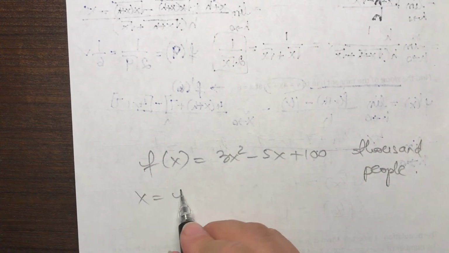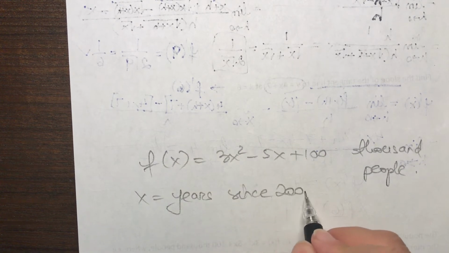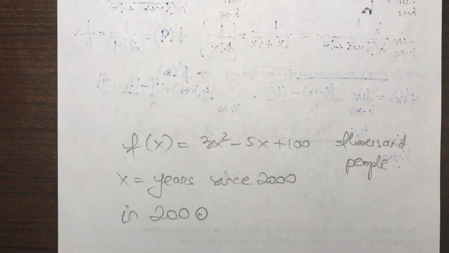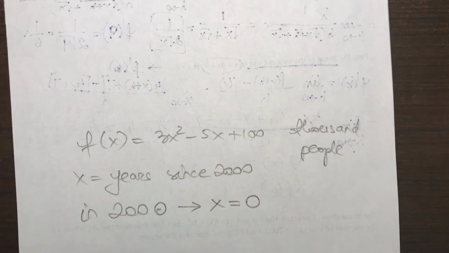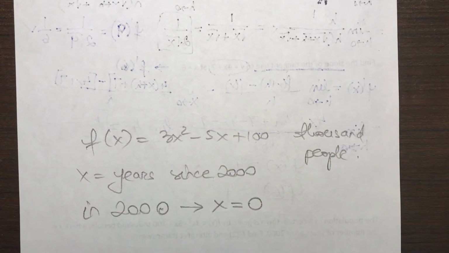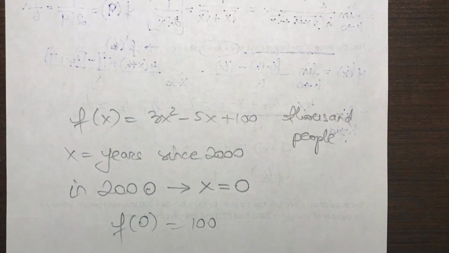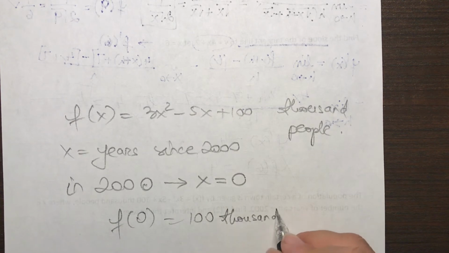Where x is years since 2000, what's the value of x that I get to plug in for the year 2000? Well, that'll be 0, because in 2000, it's 0 years since 2000. If I plug in 0, I'm going to get 100. That means by year 2000, the population of this town is 100,000 people.